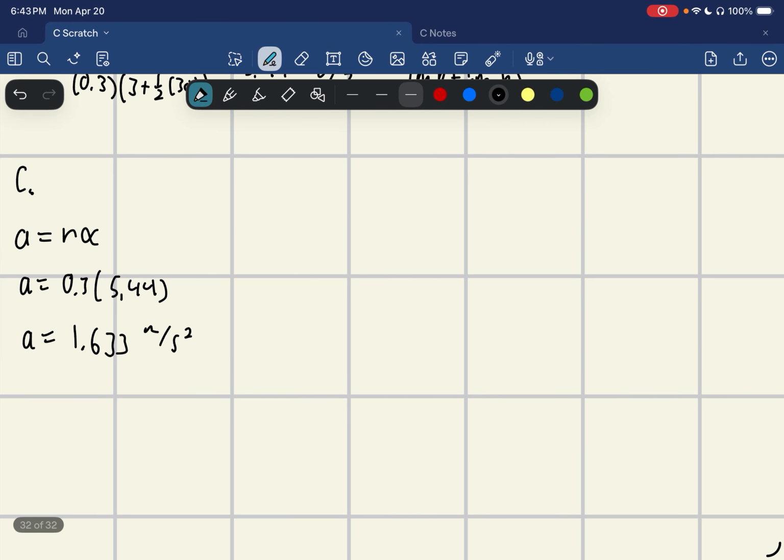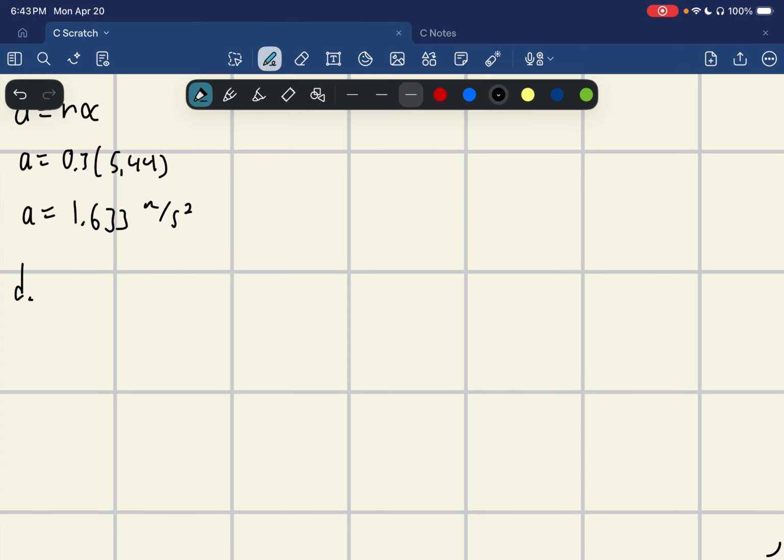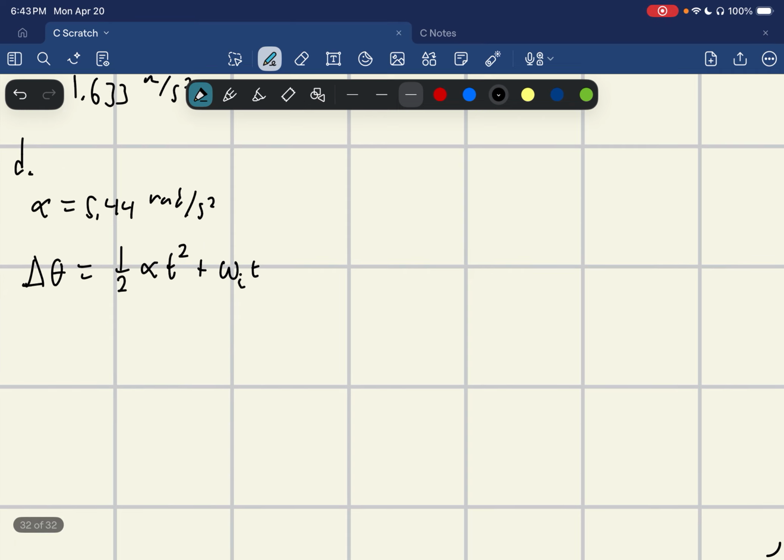Okay, part D. Part D asks us to find the number of revolutions made by the cylinder after 5 seconds. So we know that alpha is equal to 5.44 rad per second squared. And here I use the displacement formula to find the displacement in rads, and then I'll convert it to revolutions. So change in theta in rads is equal to 1 half alpha t squared plus omega I t, but it starts from rest, so we can ignore omega I t.